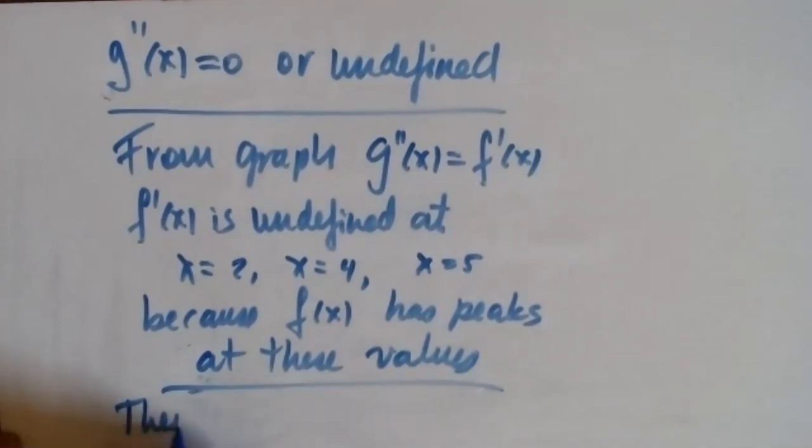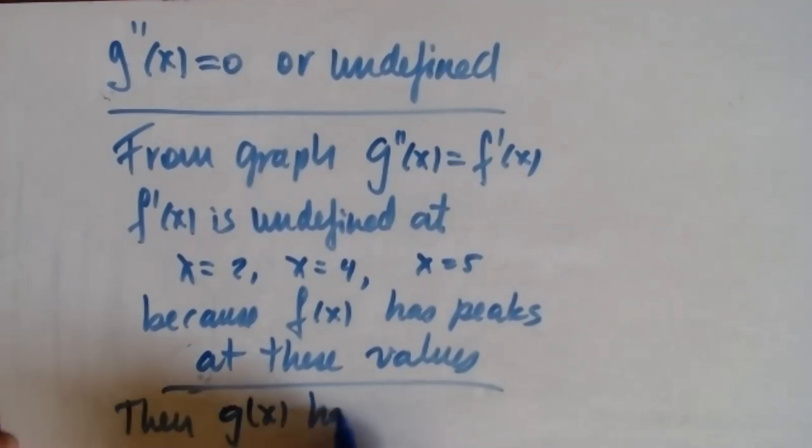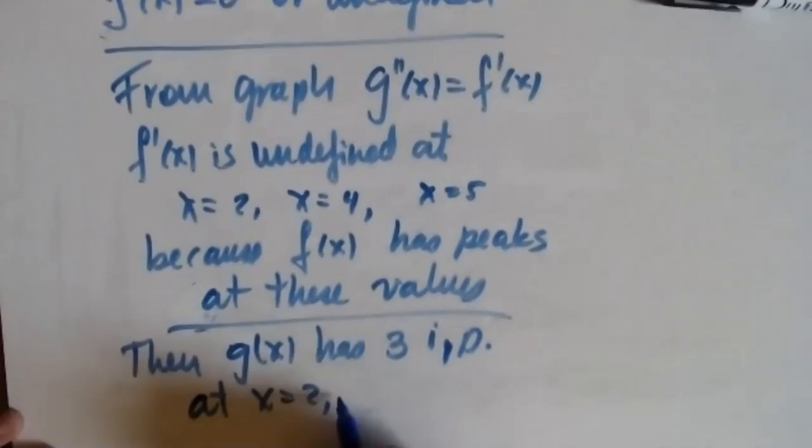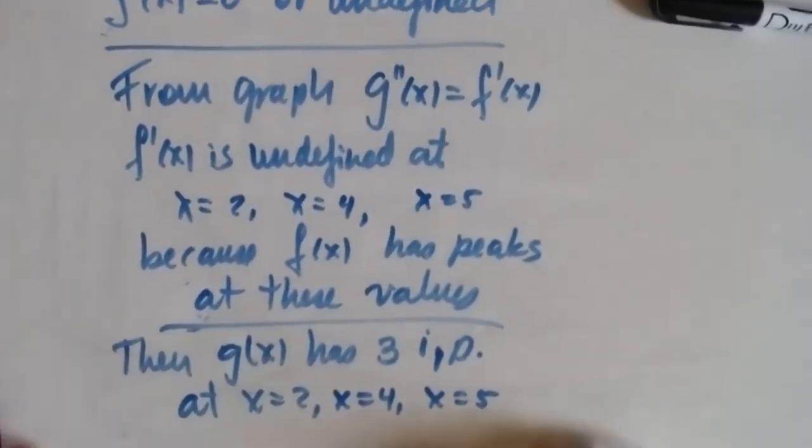Then g of x has 3 IPs at x equals 2, x equals 4, and x equals 5. Correct?